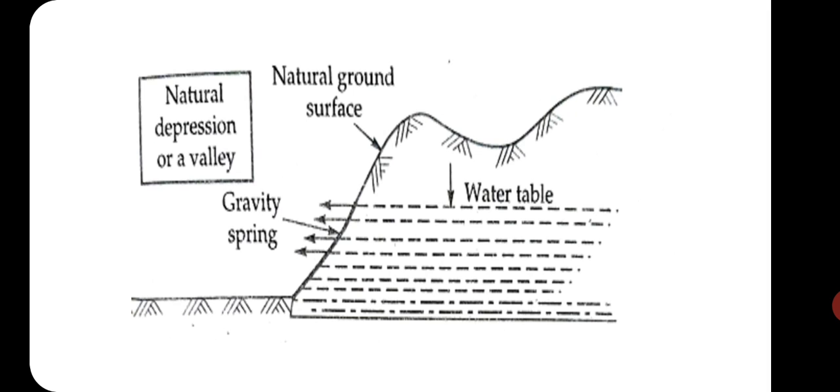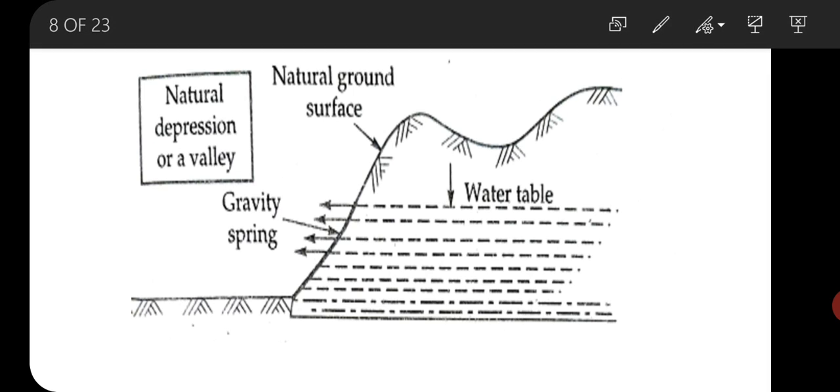This one is the groundwater table. When this groundwater table rises high and water overflows through the sides of a natural valley, this one being the valley or depression, the spring formed is known as a gravity spring.